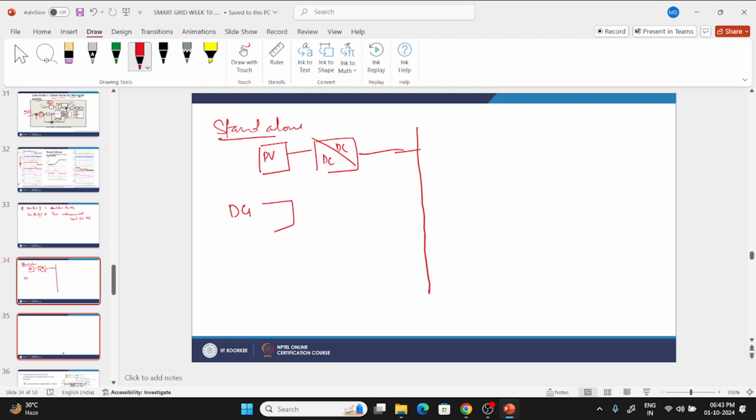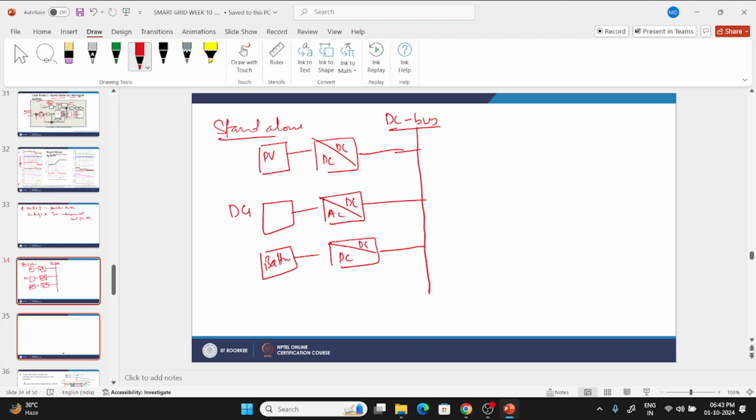Then comes the diesel generator, DG. AC to DC conversion will be done to connect it to the DC bus, because it is a DC microgrid and the bus here will be DC. Then comes the battery, which is connected through DC.